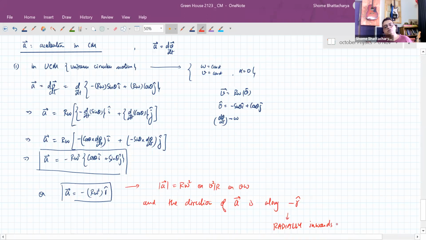So that is why this is called the centripetal direction, because it points towards the center. Which is why this acceleration is a centripetal acceleration, because it points towards the center.